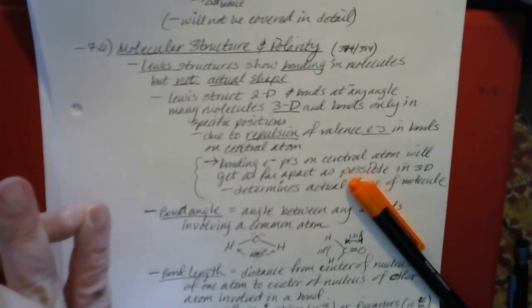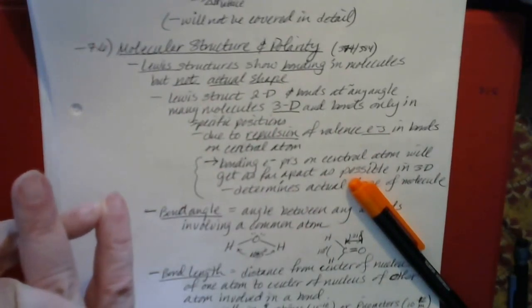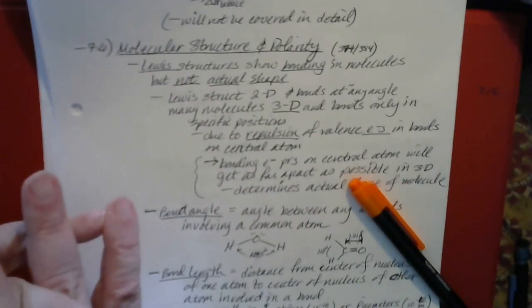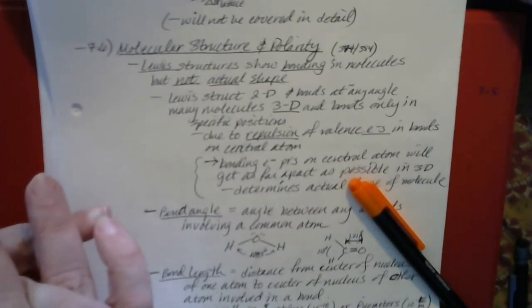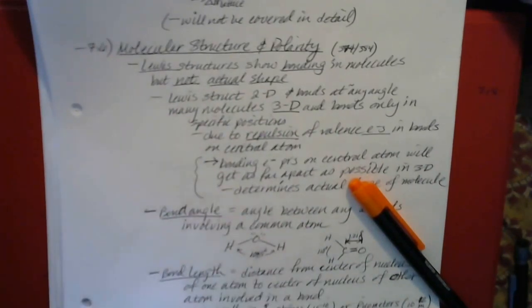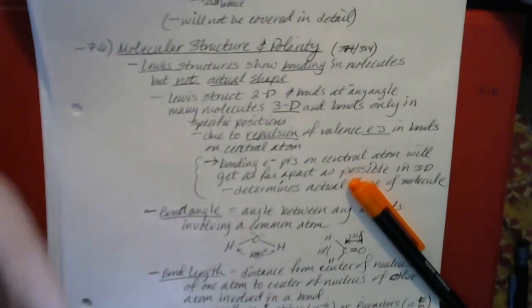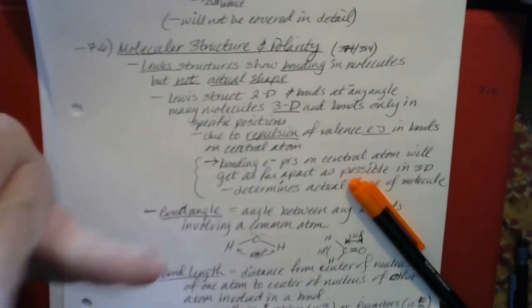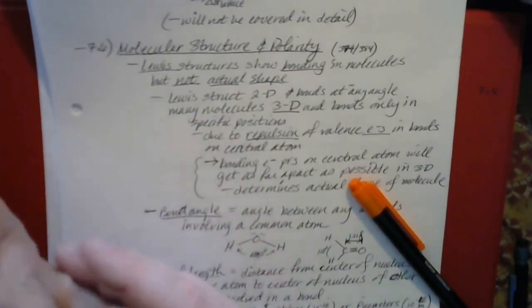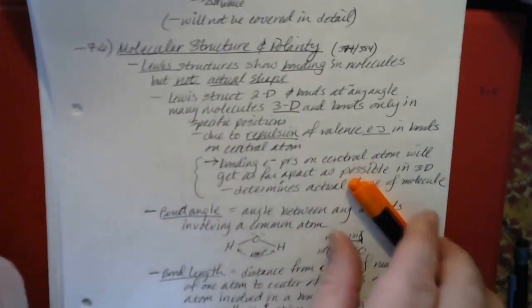We're interested in the shape of the molecule because the shape of the molecule determines whether the molecule will be polar or nonpolar, and that determines a lot of different things about the molecule's properties. Things like boiling point, melting point, density, solubility in water are all related to whether a molecule is polar or not.